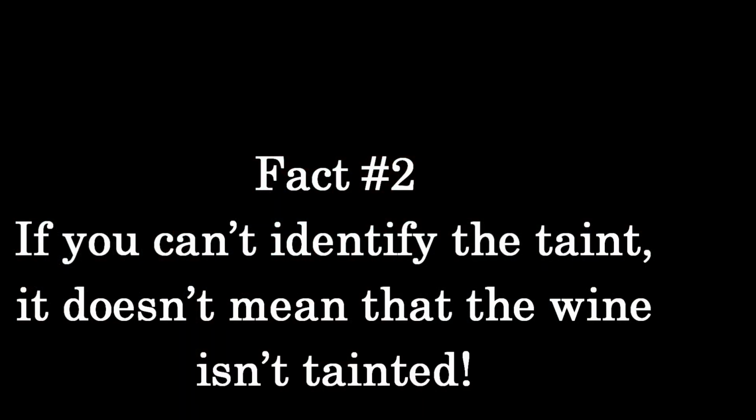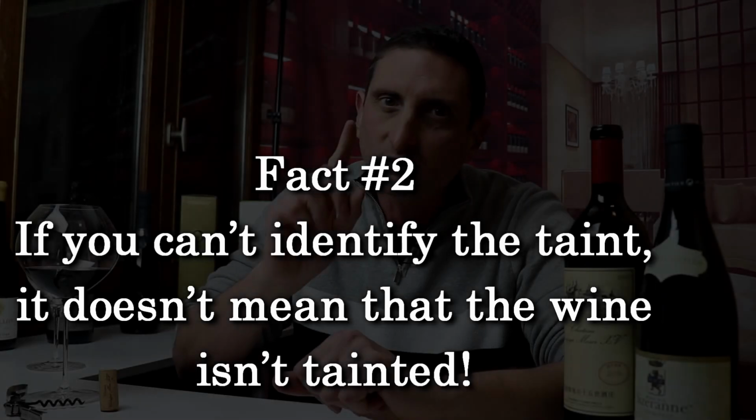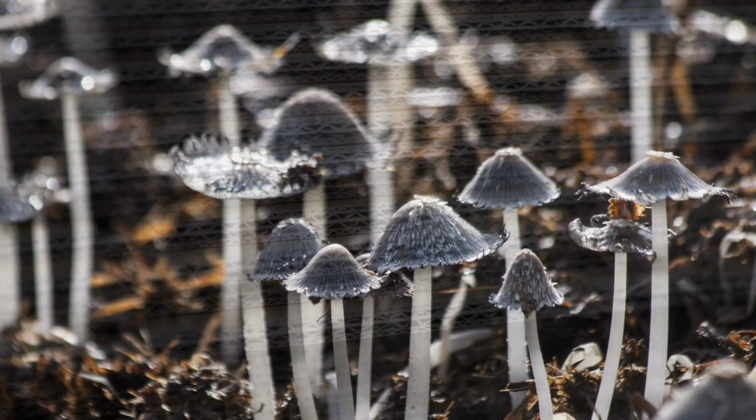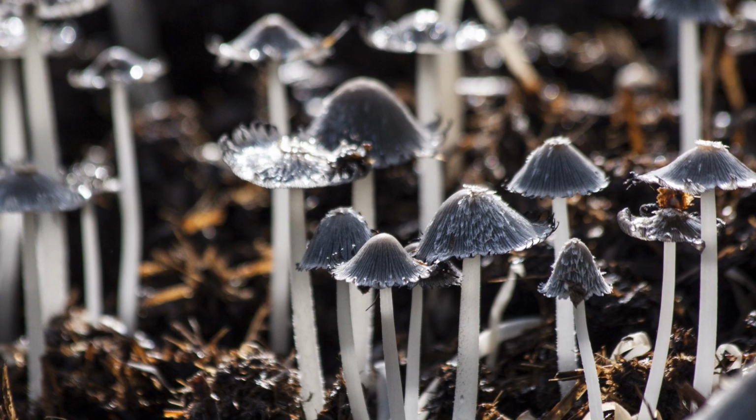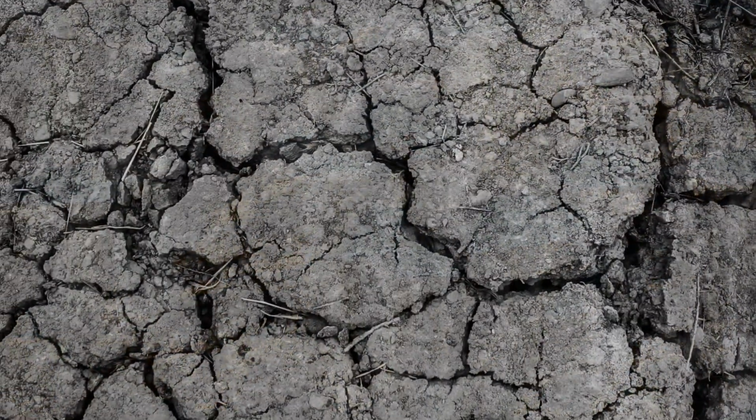This leads us to fact number 2. If you can't identify the smell of cork taint in a wine, it doesn't mean that the wine is not affected by cork taint and TCA. Essentially, as you already know, cork taint smells like wet cardboard, fungus, rotten wood, old moldy dust. But that's if the concentration of TCA in your wine is high enough that you can actually smell and identify the TCA.